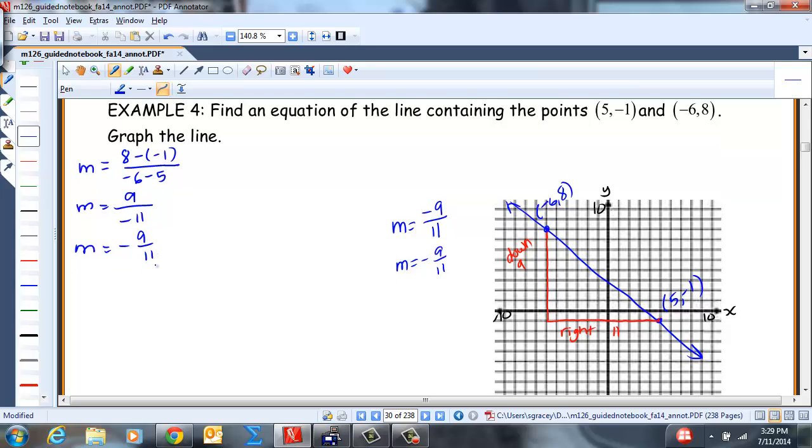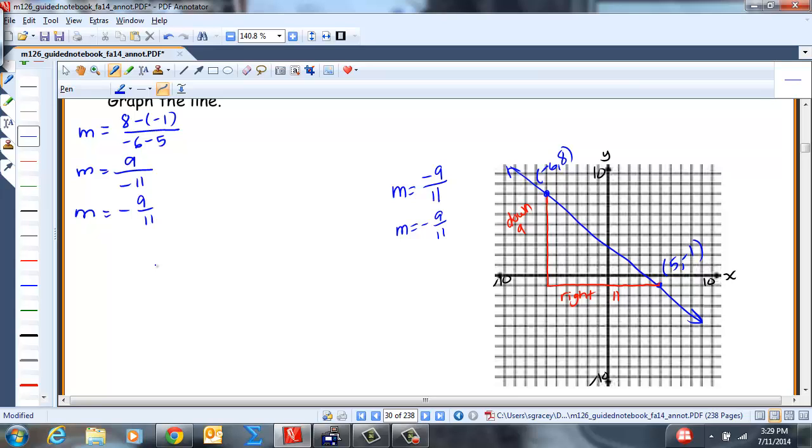So using the point slope form of the line, we can make an equation of the line. So we'll have y minus y1 is the slope times x minus x1. Now here's the trick. You can use whatever ordered pair you want. So I'm just going to use 5, -1. So what I'm saying is x1, y1 is 5, -1.